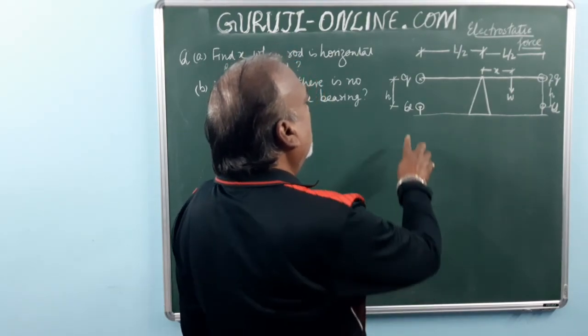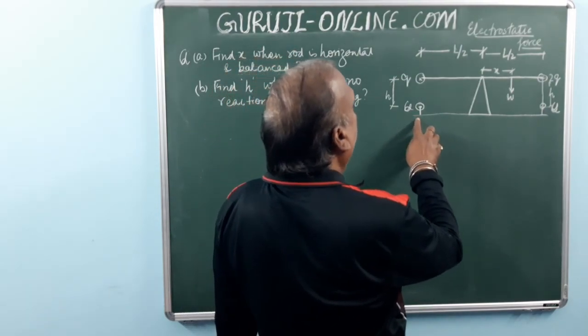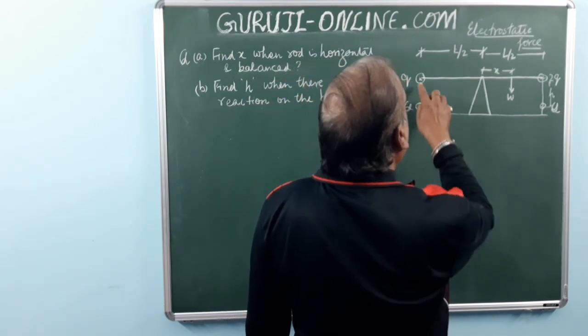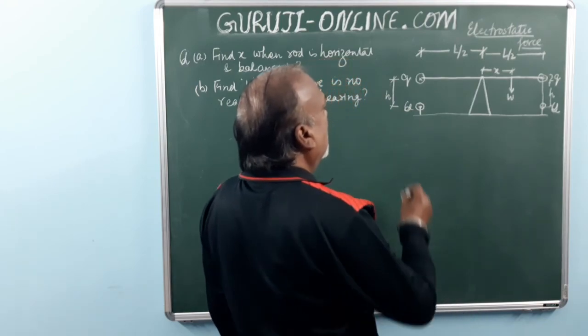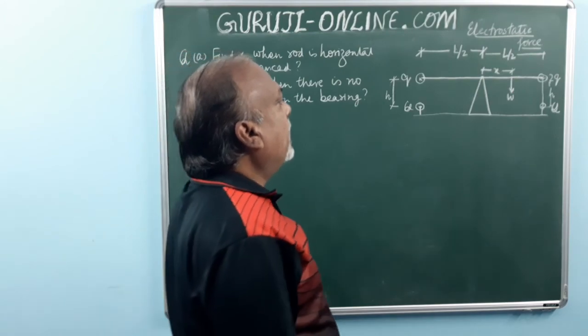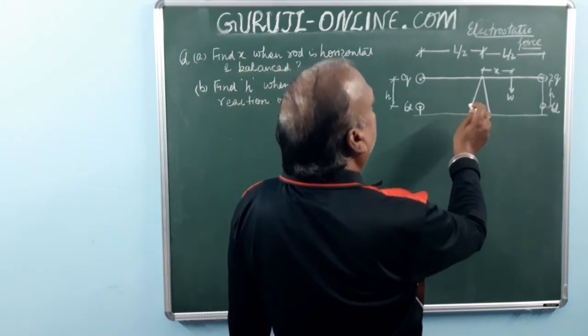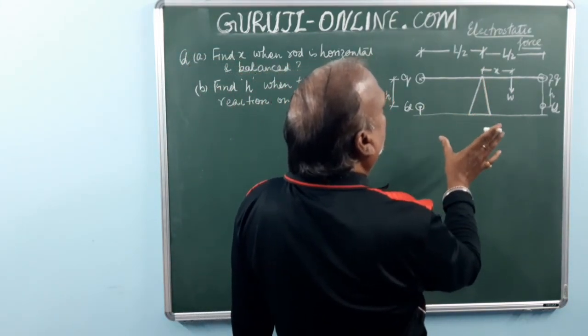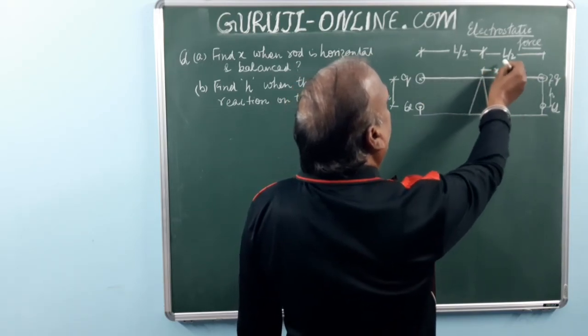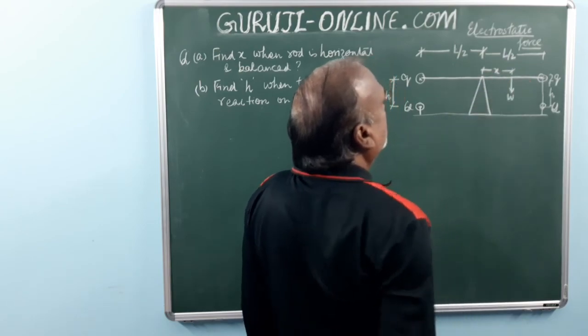Another charge Q is there on the ground like this, just below this at a distance of h. This bearing is in between the rod, and this is L by 2 and L by 2, and this is x distance.